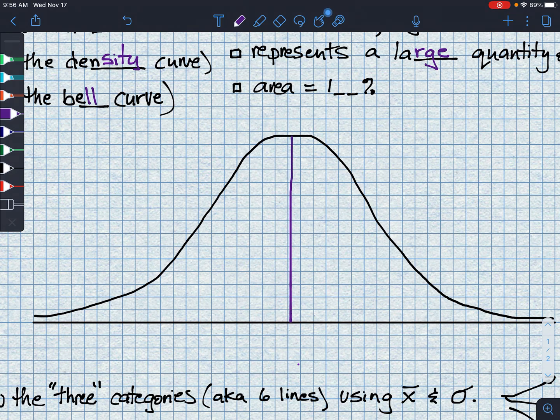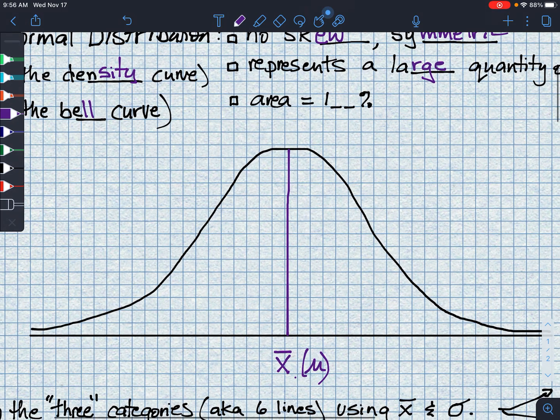You can define that middle to be any quantity that you want. It could be the average height, weight, age, IQ, all these different things. Again, we use the mean symbol, X bar, or we could also say mu.